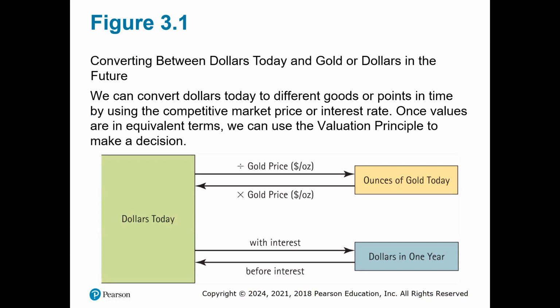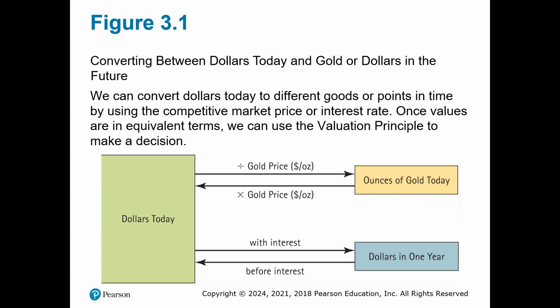Here's another diagram that shows 3 rectangles, which represent dollars today, dollars in 1 year, and ounces of gold today. Dollars today convert into dollars in 1 year with interest, and dollars in 1 year convert into dollars today before interest.